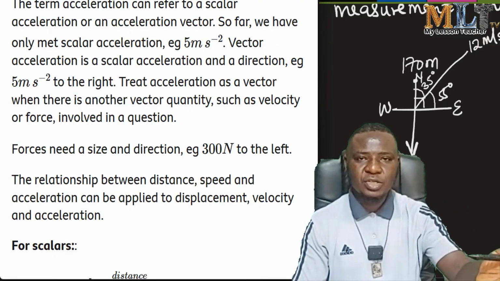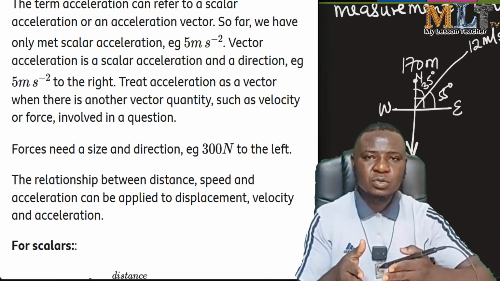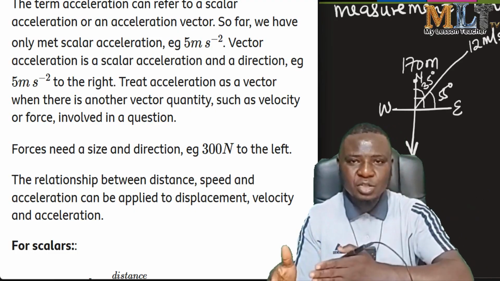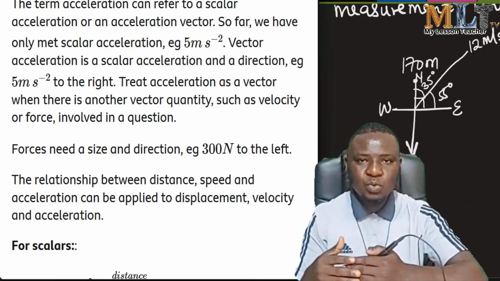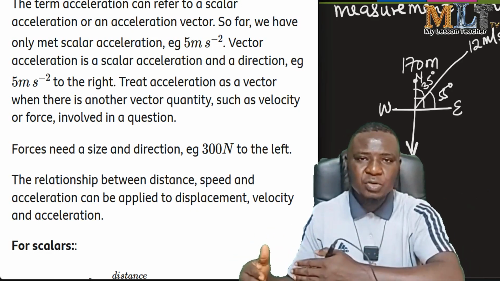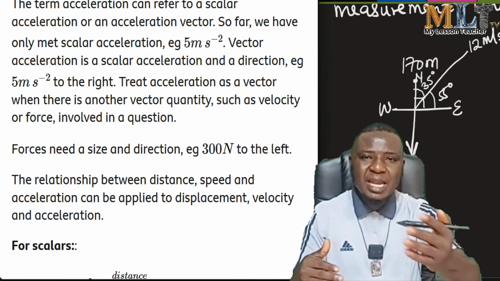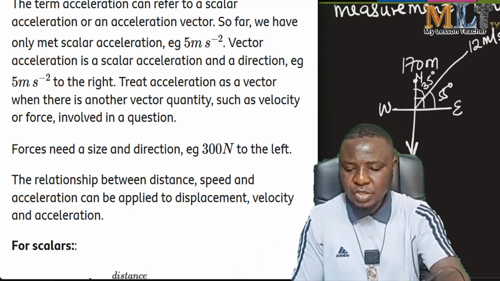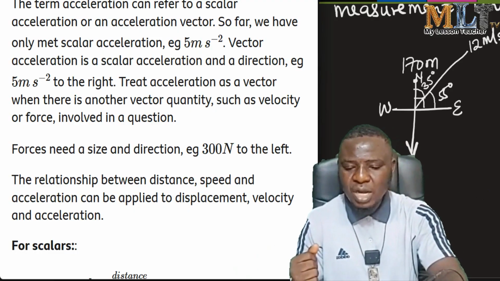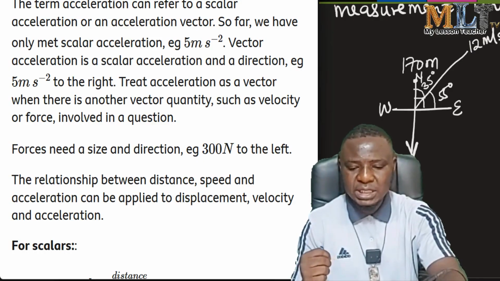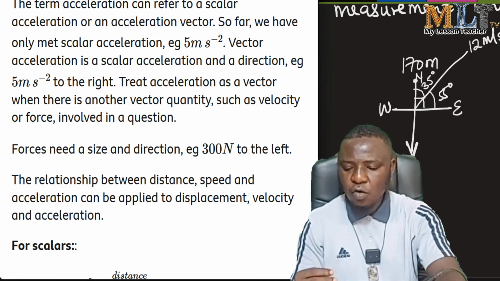To the right tells us the direction, while 5 meters per second squared gives us the magnitude, which is a scalar. That's why I said we talked about scalar acceleration. Now, by you saying to the right, it makes it a vector acceleration. Treat acceleration as a vector when there is another vector quantity, such as velocity or force, involved in the question.